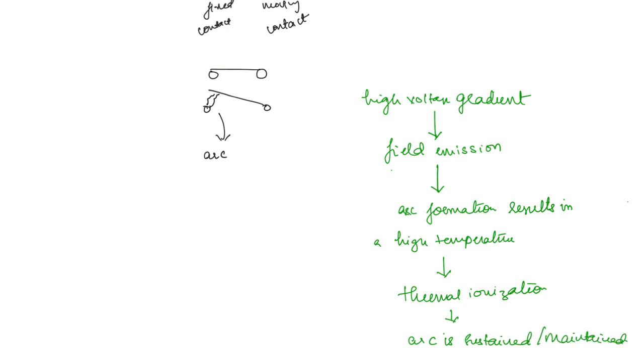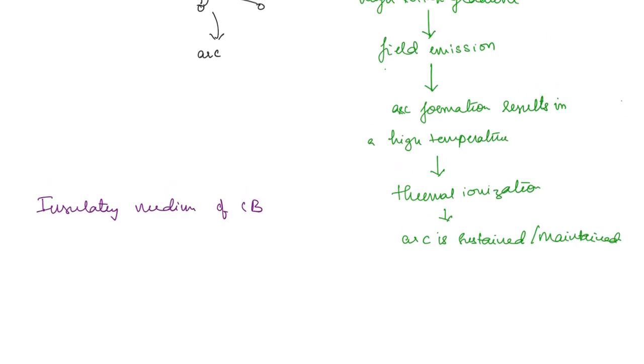Now when the circuit breaker is given the trip command, another challenge is to extinguish the arc, right? That is done by the insulating medium in which the contacts of the circuit breaker are kept. Primarily, the insulating medium in a circuit breaker has two major functions.